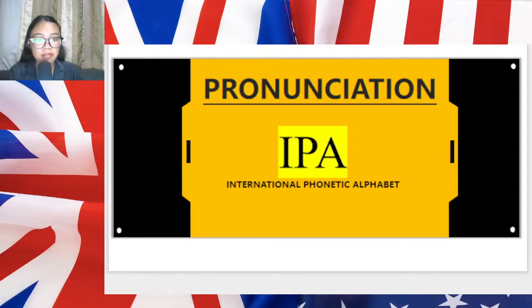For English, it gives us a precise symbol for each of those 44 sounds we mentioned last time because, again, we have 26 letters in the English alphabet, right? But we have 44 English sounds all in all, which does not align with the number of letters, and that makes the English language really complicated.